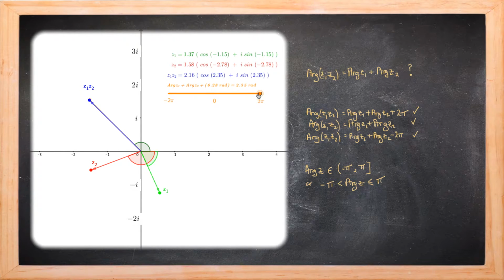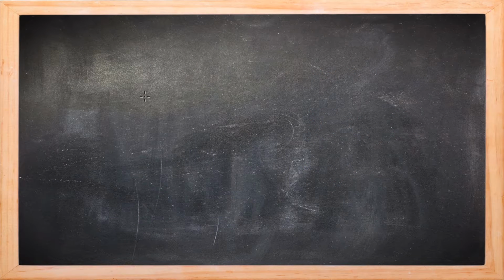So what have we got so far? We've got the fact that we cannot write arg z1 plus arg z2 equals arg z1 z2. That is not always true, but at the most we would add one lot of 2 pi or subtract one lot of 2 pi. So we can make a statement, and our statement has to cover the three situations that we illustrated.